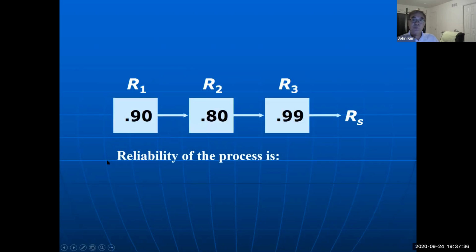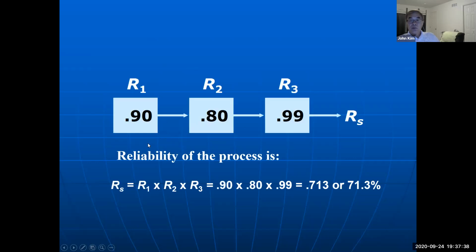For example, the first machine's reliability is 90%, the second 80%, the third 99%. Then the system reliability is the first times the second times the third. So the system reliability is 71.3.